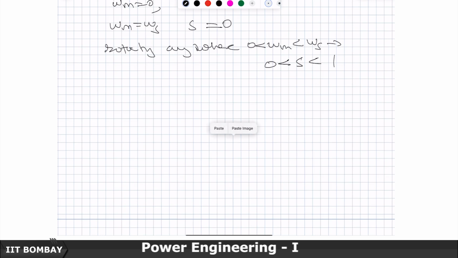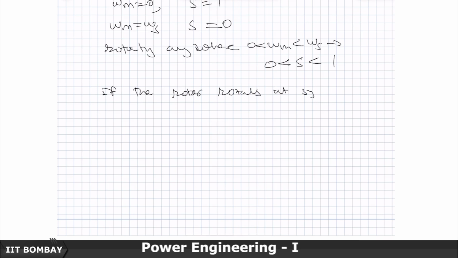So, if the rotor rotates at synchronous speed, then E2, the voltage, will go to 0.